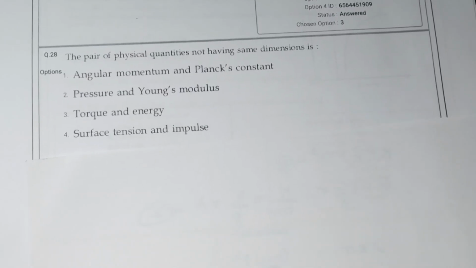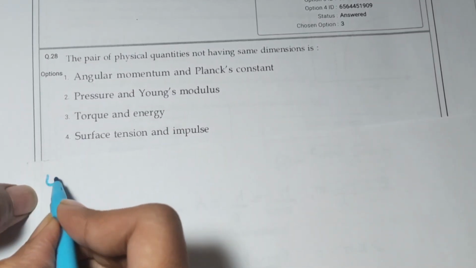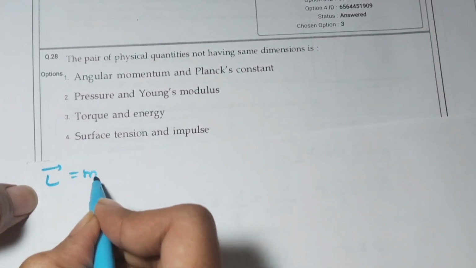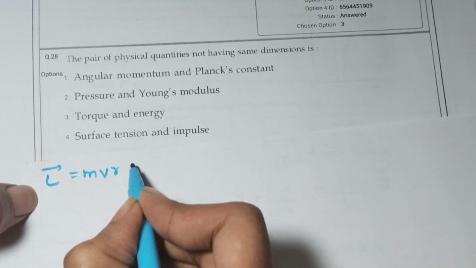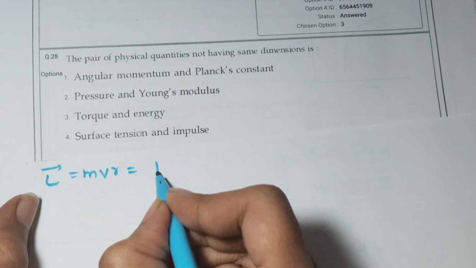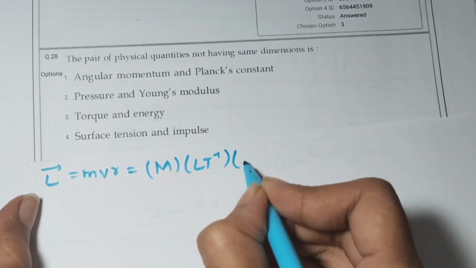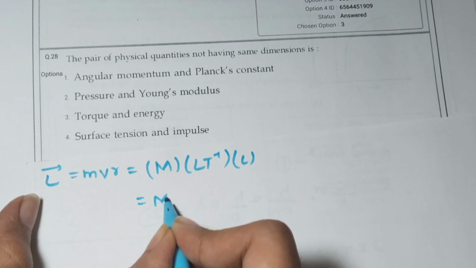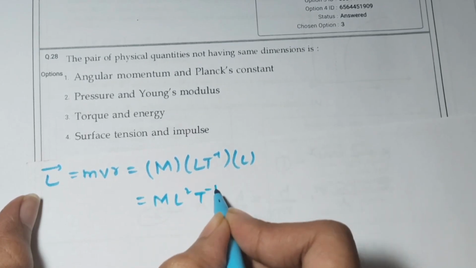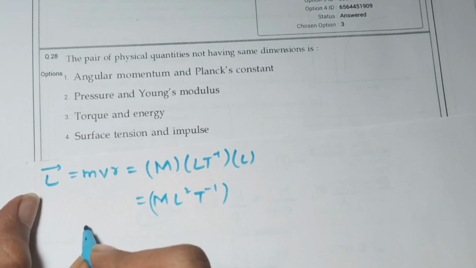Question number 28. The pair of physical quantities not having same dimensions is. So first one is angular momentum. We are having formula L equal to mvr. So its dimension: mass, velocity L T inverse, radius L, so M L square T minus 1. Planck's constant h.